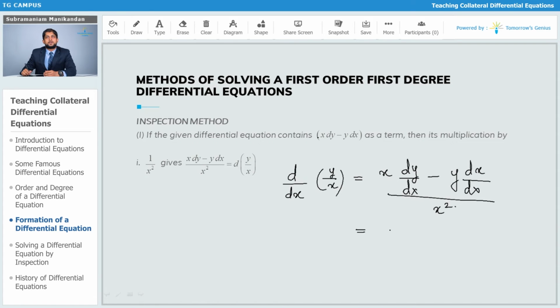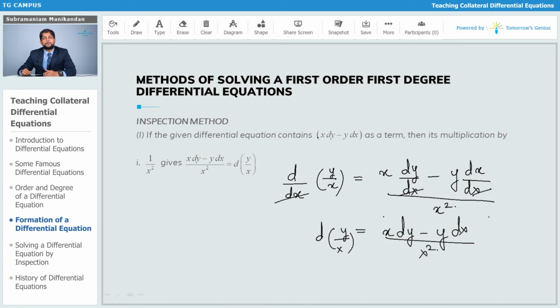Removing the dx, we get x dy minus y dx by x square as d of y by x. Here we have removed this dx term from both sides, and so we get x dy minus y dx upon x square as d of y by x.